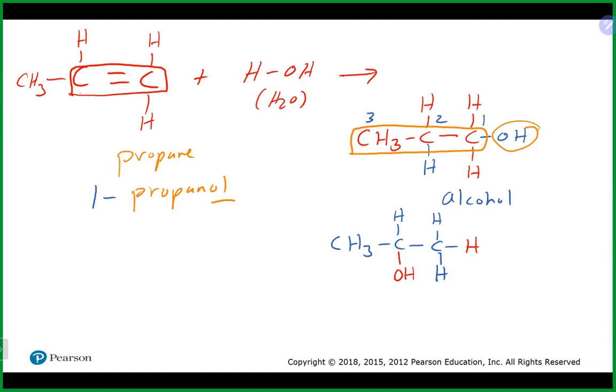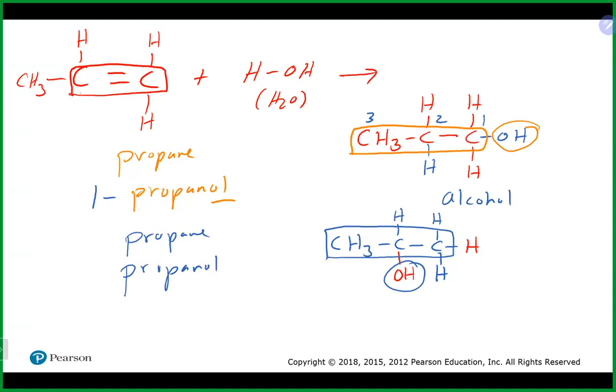Question on that. So what would this alcohol be called? How many carbons? 3. So still based off of propane. It has an OH group, which means it's an alcohol. So it's going to become propanol.